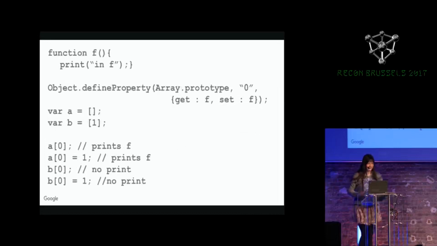So let's say you define the property not on the array, but on the prototype object that is given to all arrays. Then that also works, and you create these arrays after you've done that, and without ever touching the array, it will still trigger these accessors. Now, it's not perfect, because if you initialize the array, like in B, it doesn't work.